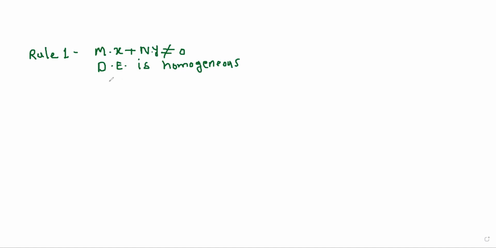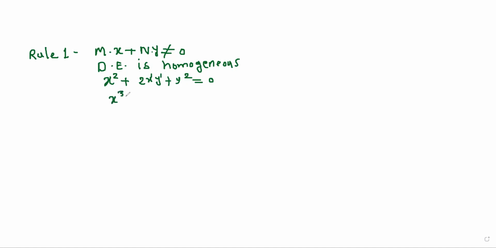Homogeneous equations are nothing but those where each term has the same power. For example, if you have the equation x square plus 2xy plus y square equals 0, you can observe here that x has power 2. Here x has power 1, y has power 1, so 1 plus 1, 2. And y square, again power 2. So each term has power 2. So this is a homogeneous equation.